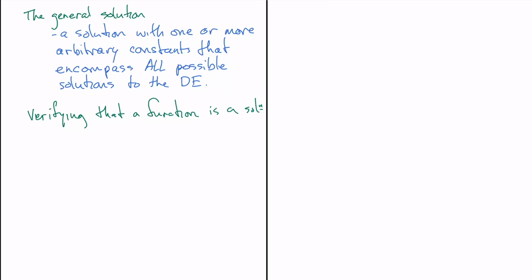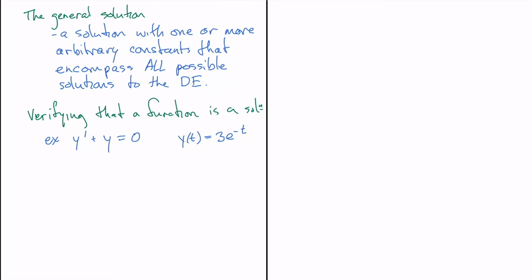What I mean by that is, let's say I give you a differential equation like, for example, y prime plus y equals 0. Now let's say we have no idea how to calculate a solution from this, but somebody says, I think y of t equals 3e to the minus t is a solution.